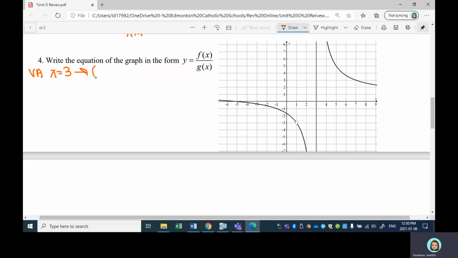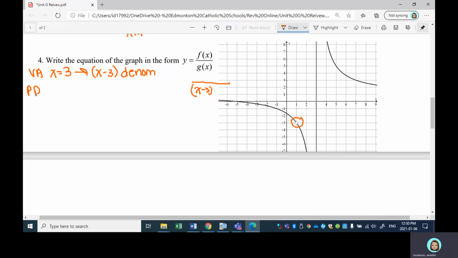What that tells me is I have a factor of x minus 3 somewhere in my function, and that is going to be in the denominator. Our vertical asymptote comes from our factor left over in the denominator. So I know it's going to be x minus 3 in the denominator. I can see I've got a hole in the graph, and it happens with an x value of 1.